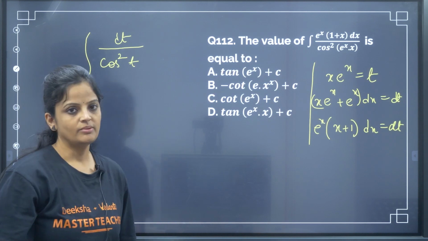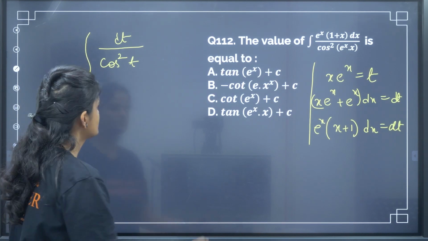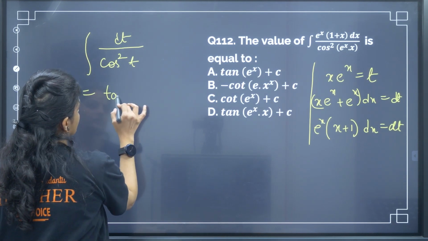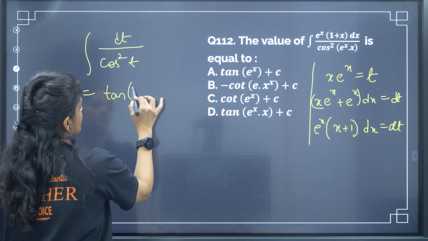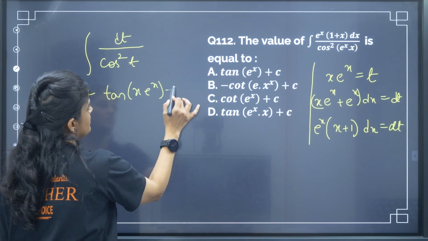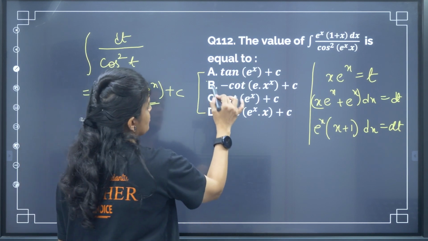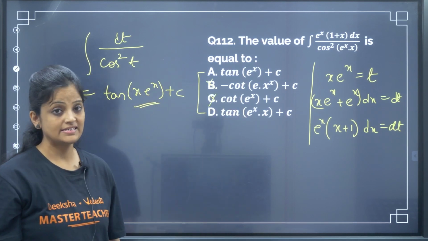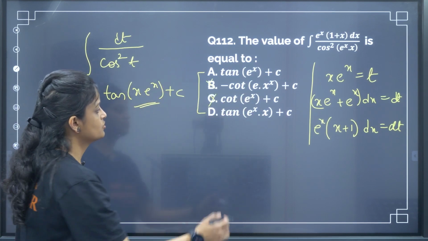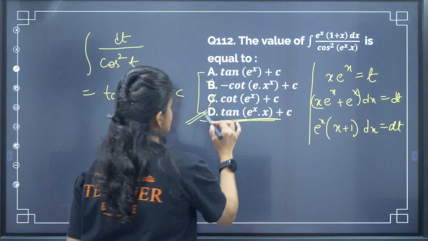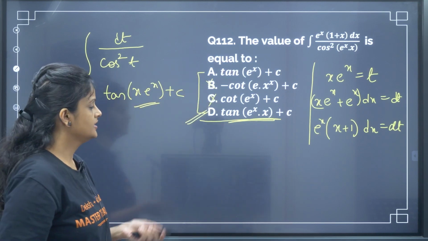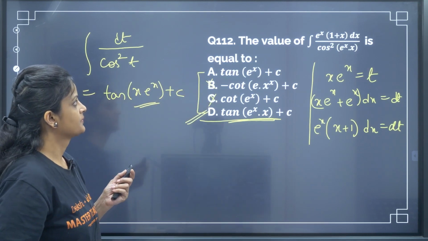Simple. 1 by cos square is secant square. Secant square integration will be tan. Tan of what? x into e power x, simple. We have two options with a tan, rule out B and C, and according to the substitution, option D is right. Option D is your answer.